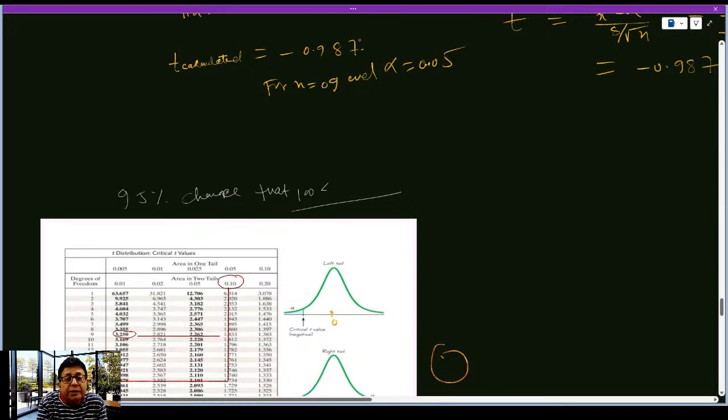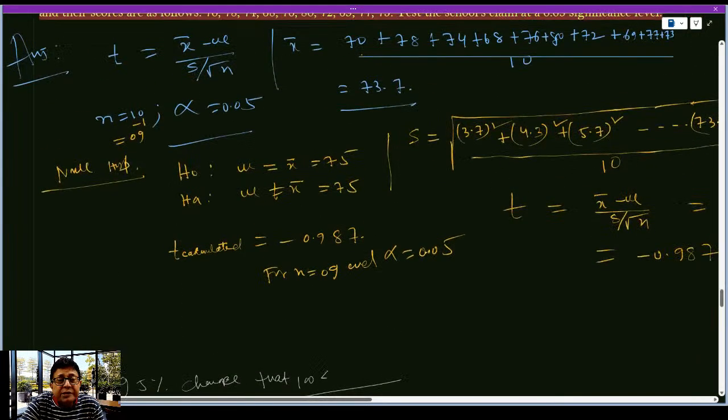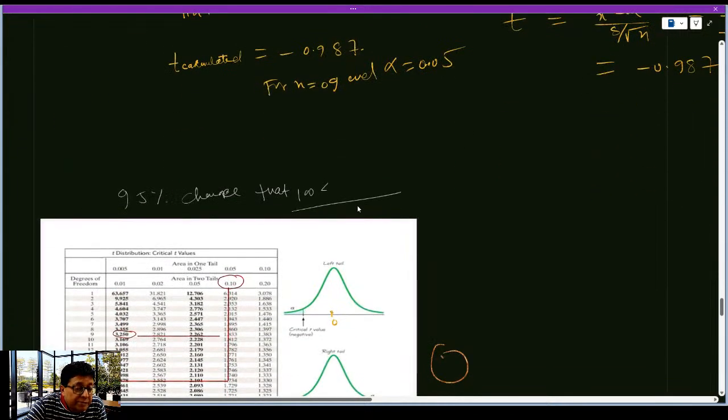0.05 lies here, but this you have to do with the help of a two-tailed curve, because you have taken the hypothesis as mu not equal to x bar. Okay?